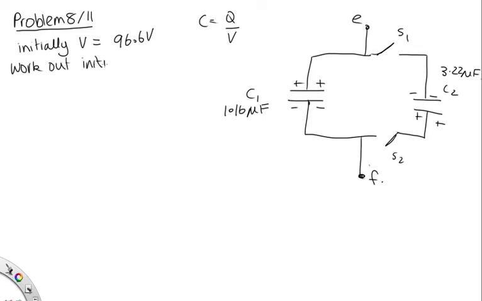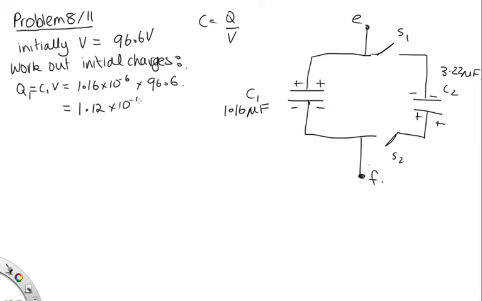initial charges. Okay, so Q1, the charge on capacitor 1 initially, will be equal to C1 times V, which will be 1.16 times 10 to the minus 6 times 96.6. Solving that on the calculator, we end up with 1.12 times 10 to the minus 4 coulombs.